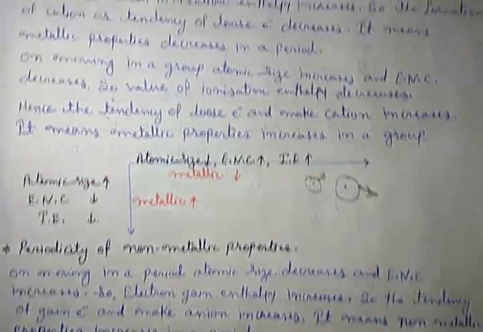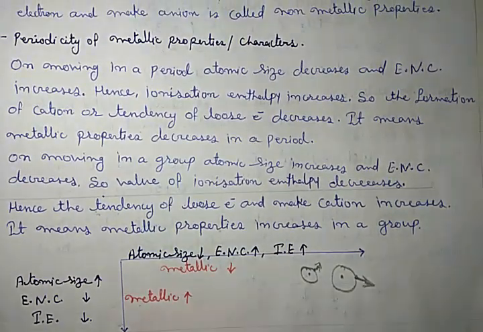Got it? Now let me read it. On moving in a period, atomic size decreases and effective nuclear charge increases. Hence, ionization enthalpy increases. So the formation of cations or tendency to lose electrons decreases in a period. It means metallic properties decrease in a period.